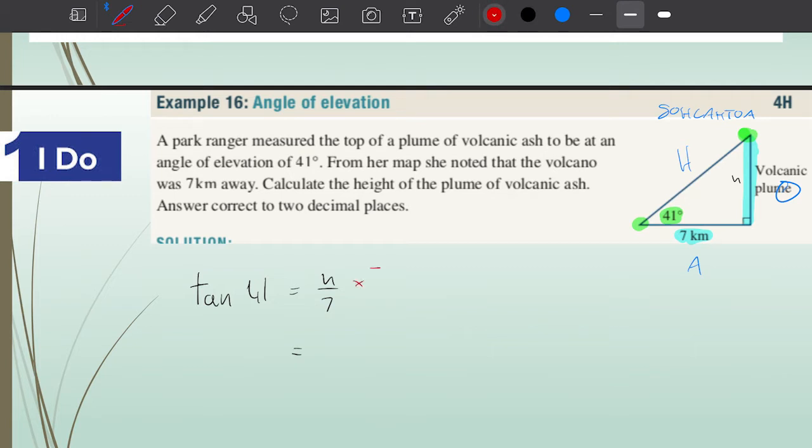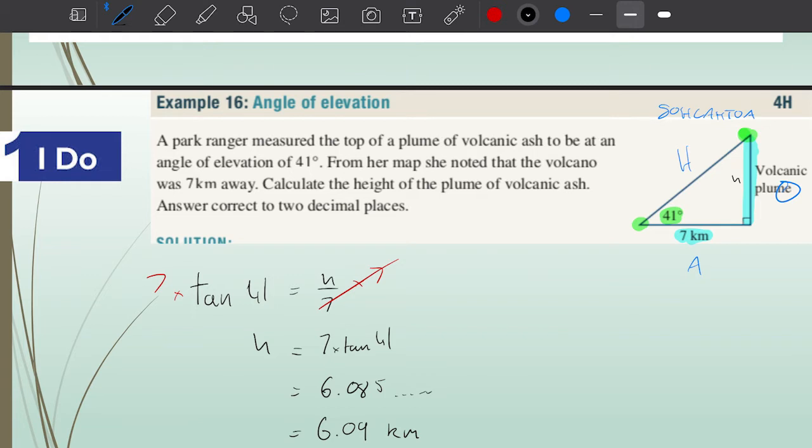We get h by itself by timesing by 7. We put that answer into our calculator and we come out with 6.085. If we're going to answer to 2 decimal places like the question asks, we round that off to 6.09 kilometers.